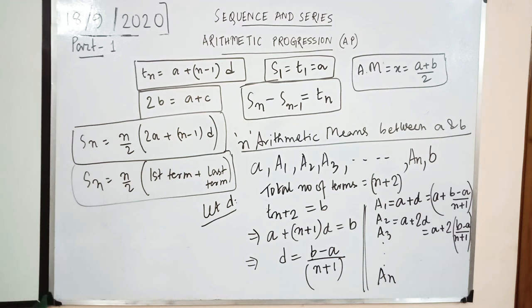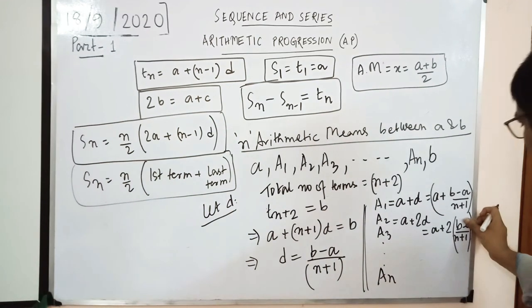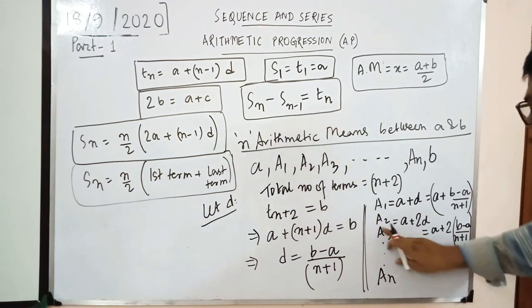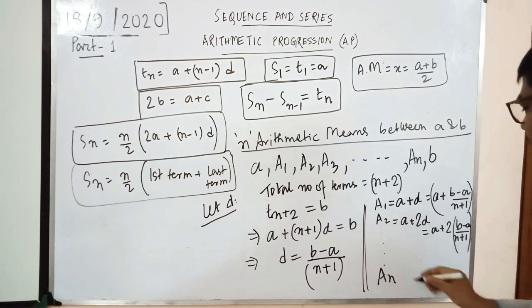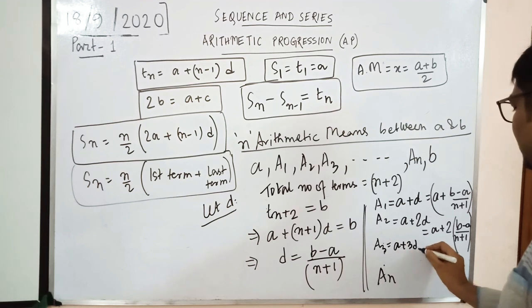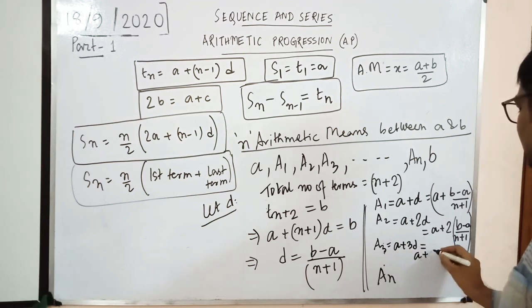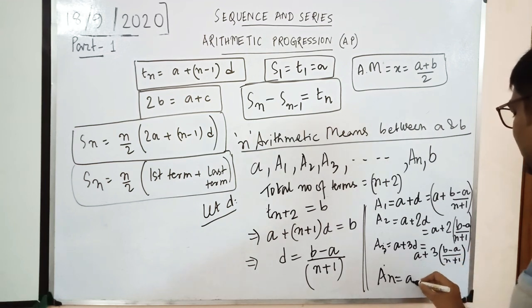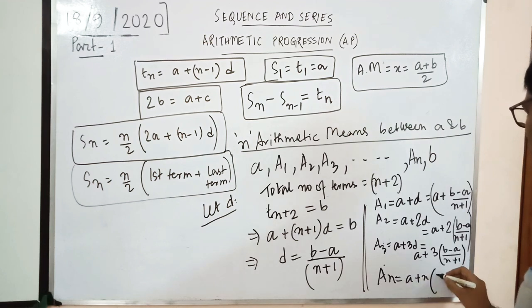Like that, a3 you can also write: a3 will be a plus 3d, which is a plus 3 into b minus a by n plus 1. Like that you can write an, which is a plus n into b minus a divided by n plus 1.